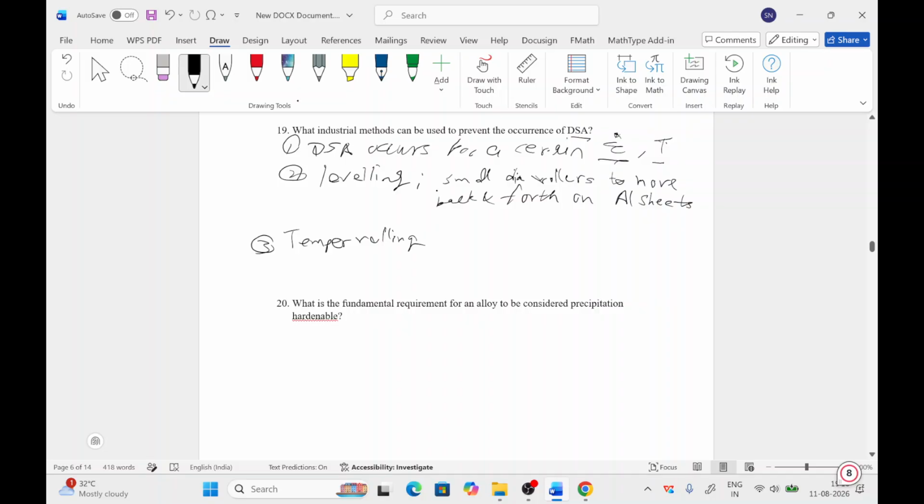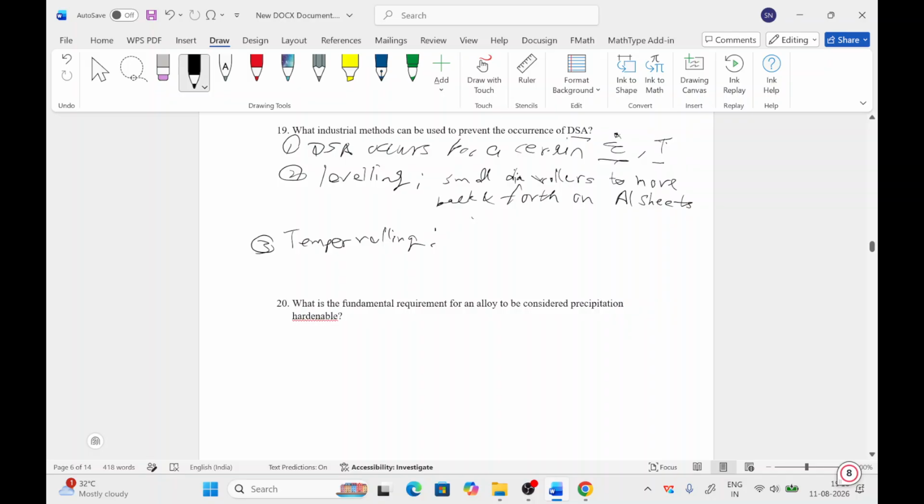The deformation provided by this process increases the dislocation motion, and solute atoms cannot catch the dislocations.